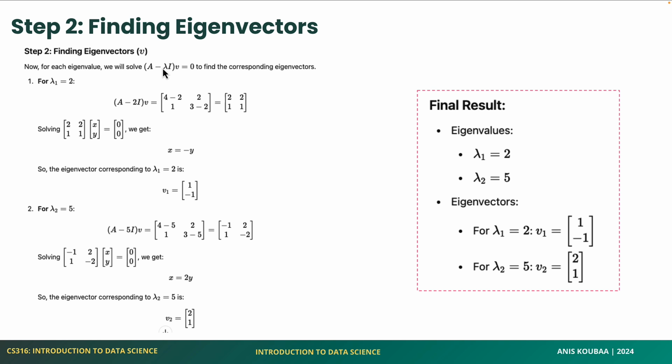For every linear equation system, we will find a certain value for x and a certain value for y. All these are computations. You can look at them carefully and you will realize how to calculate. You will not do mathematical calculation. This is supposed to be done in linear algebra, but it is just to show you the internal mechanics, how things work. We're going to just use eig in NumPy, and you will find all of this.